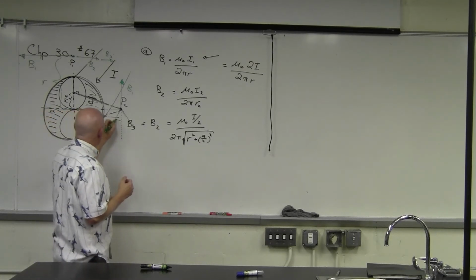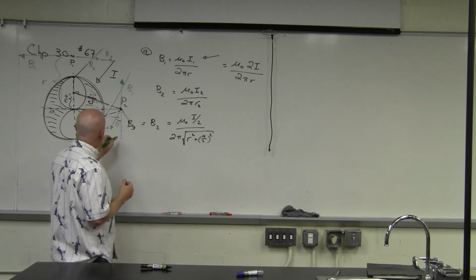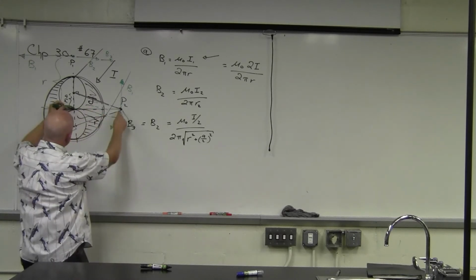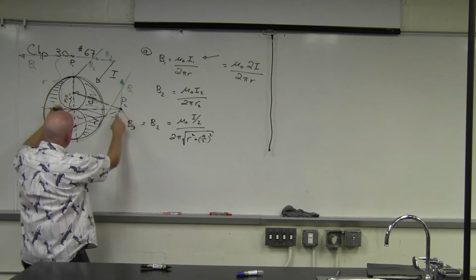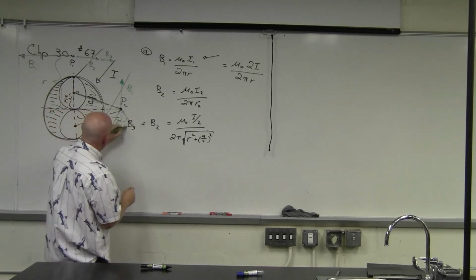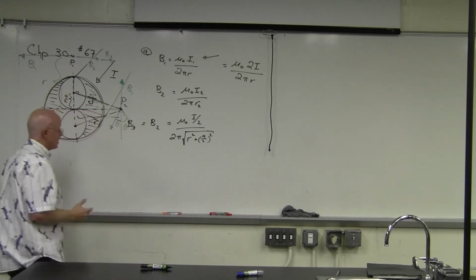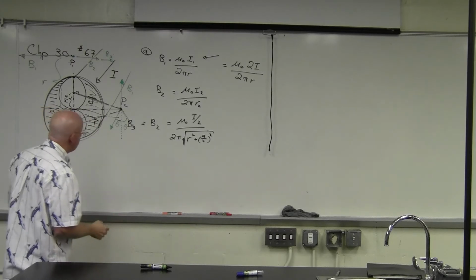Now, here's some good news then. If this is some angle theta, because this is above the center line, then this is below the center line, and so this angle is actually the same.